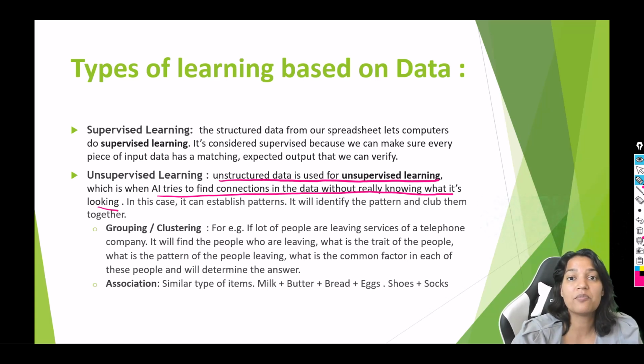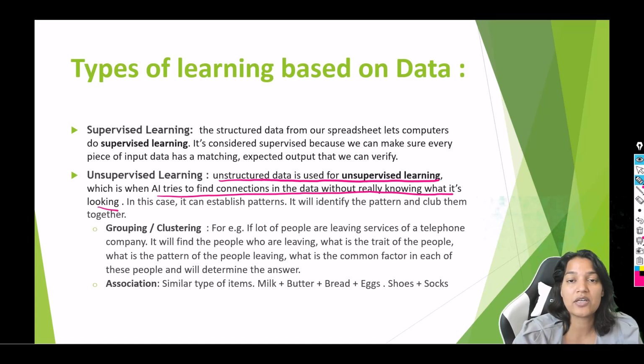Let's say you fed a bunch of unlabeled images to this AI model. What it will try to do is cluster the similar types of images together. Let's say you sent a bunch of images with different balls.